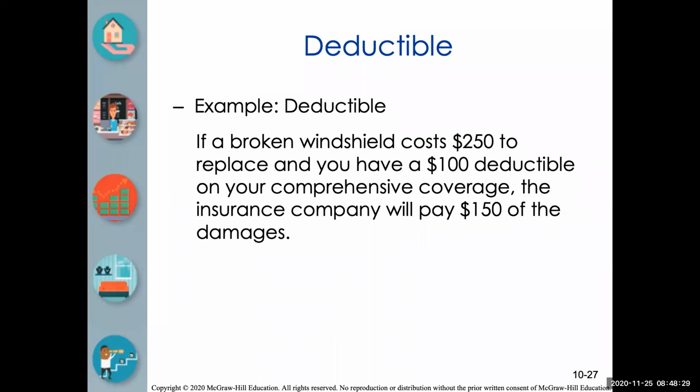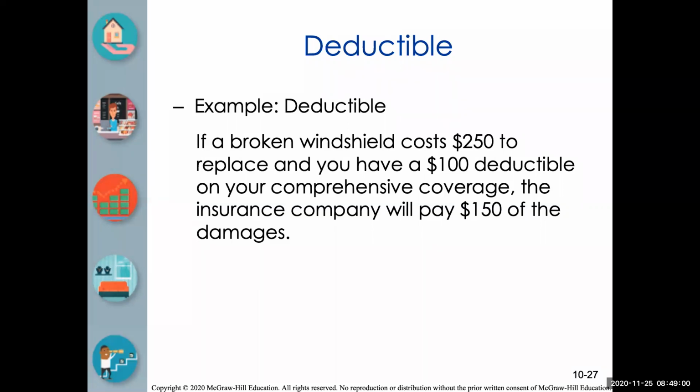Okay, so in this example, we're talking about a broken windshield. If you've had a broken windshield, and you've gone out to get an estimate for what that's going to cost, so $250 to replace it, and you have a $100 deductible for your comprehensive coverage, it means that you pay the first $100, and the insurance company will pick up the difference. So you pay $100, the insurance company pays $150.